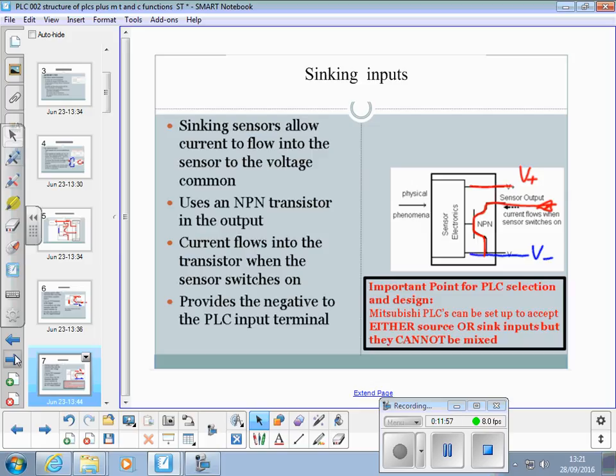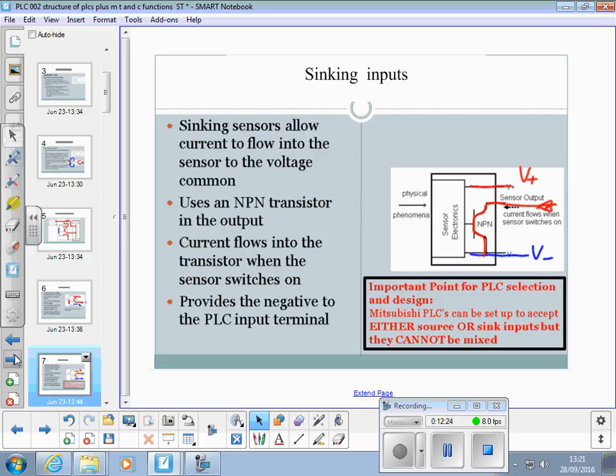I'm not sure how they would. Are you saying on some more expensive ones you might be able to mix? You might be able to, but you could get problems doing that. I've never seen a setup where they mixed both sinking and sourcing inputs. The most common are the sourcing ones, I would say.